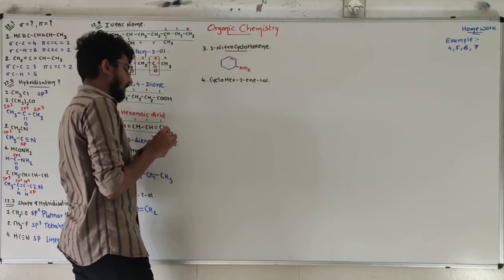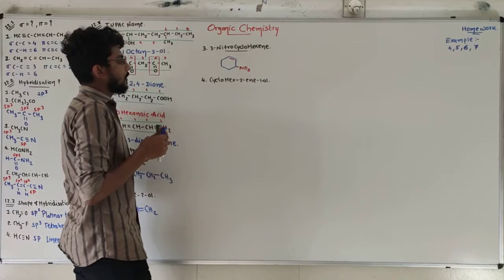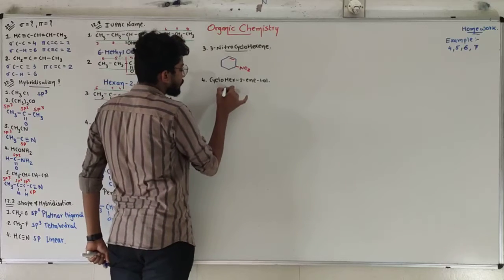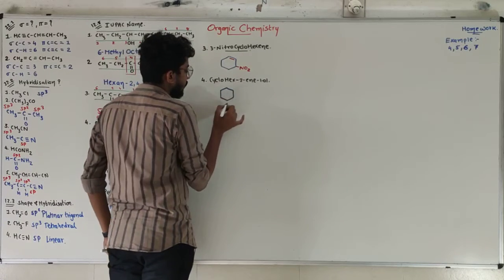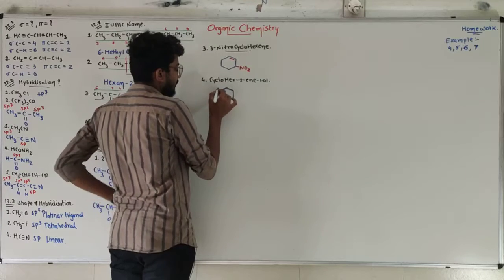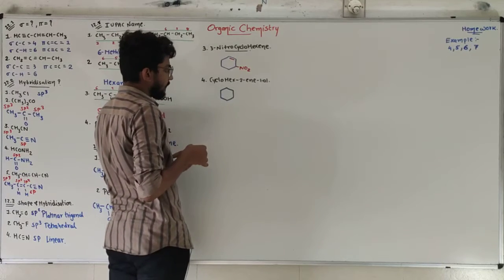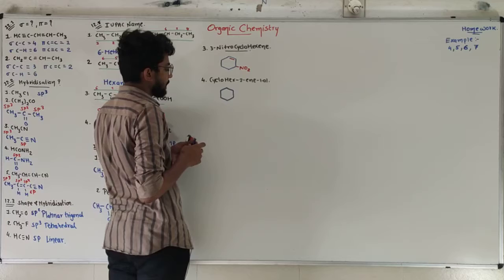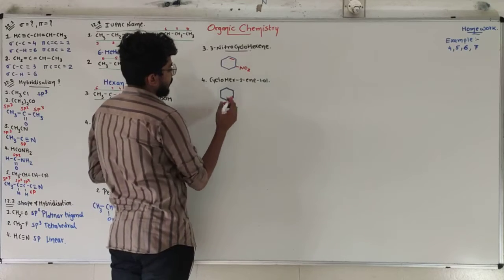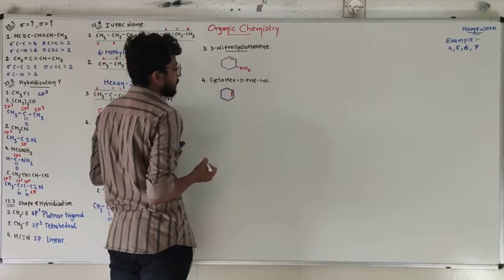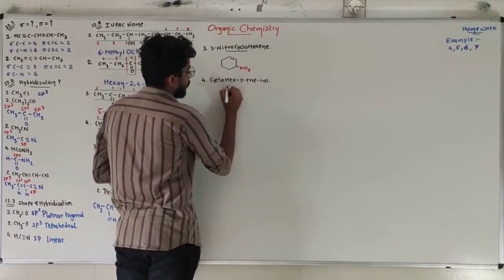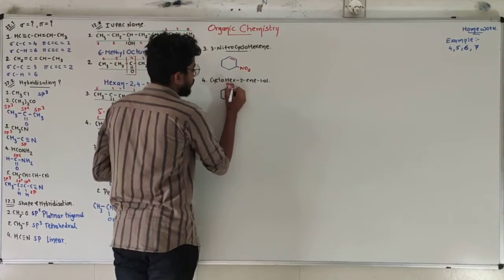In the sense, again we have to draw a six carbon closed ring. So a six carbon closed ring, 1 2 3 4 5 and 6. Right now I am not writing the numbers, you have to remember it. Now 2-yn, so between 1 and 2 a bond is there, and 1-ol. So on the first carbon there is OH.